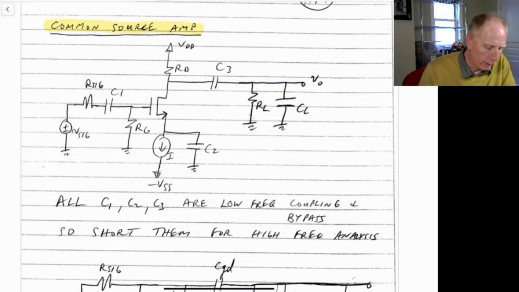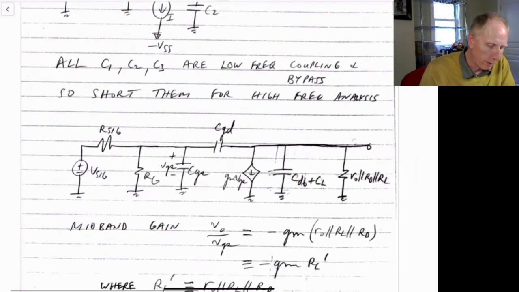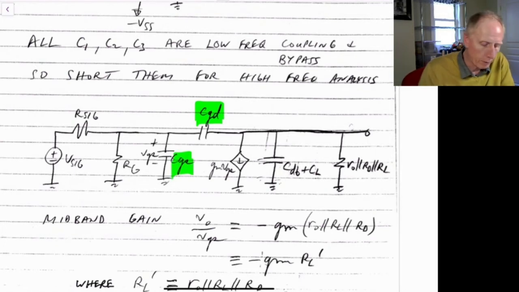So if we draw the small signal model for this, we'll have a circuit that looks something like this, shown here. We have these transistor capacitors: the gate to drain capacitor of the transistor, the gate to source capacitance of the transistor, the drain to bulk capacitance of the transistor, and also we have the load that we're having to drive for this amplifier.